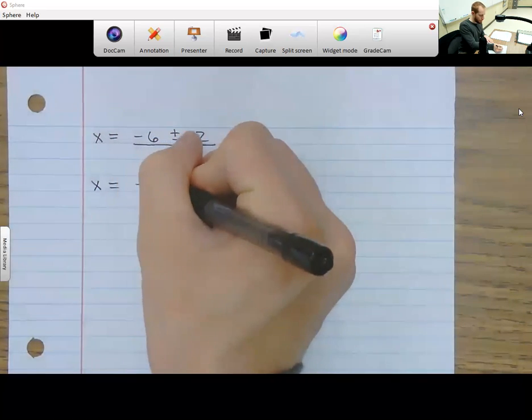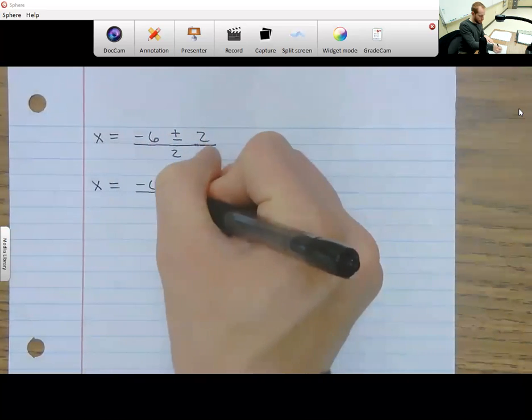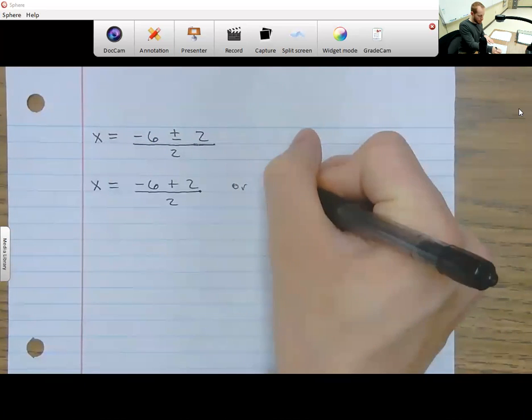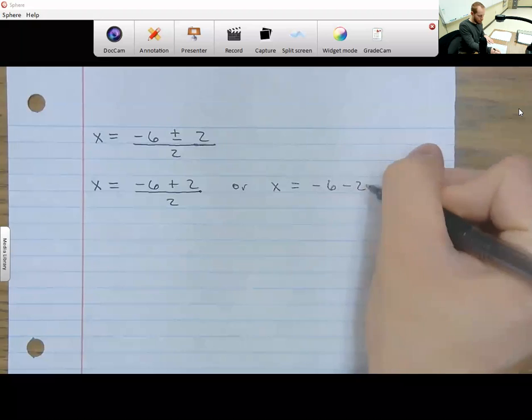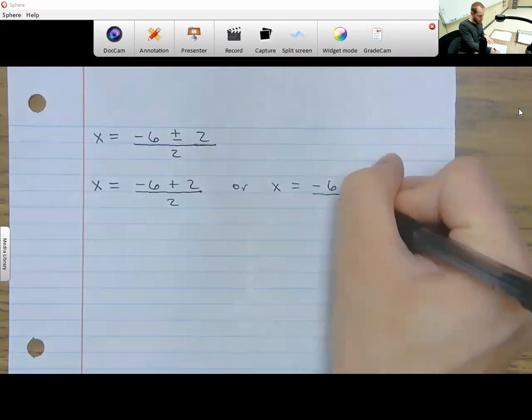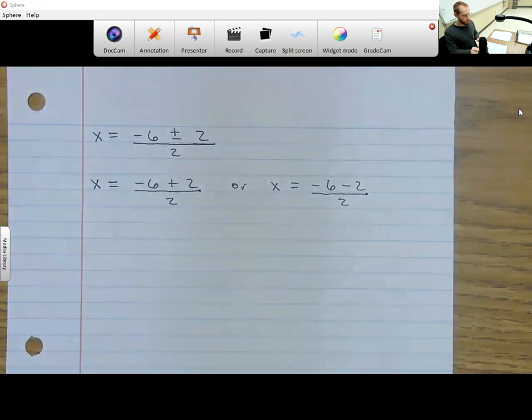I'm going to have -6 plus 2, everything divided by 2. Or I'm going to have x equals -6 minus 2, where everything is still divided by 2. So that's going to break up into 2 different solutions. And that's because I could have a plus or a minus, right?